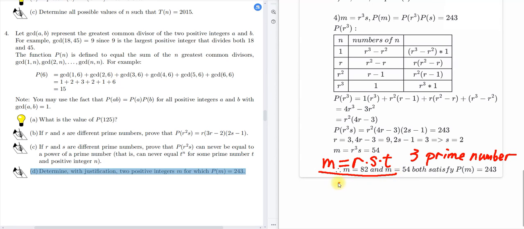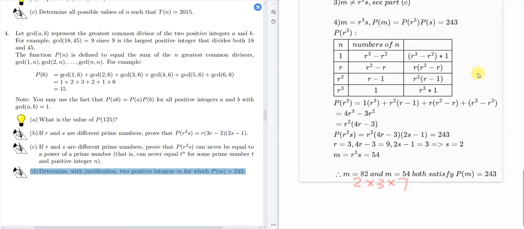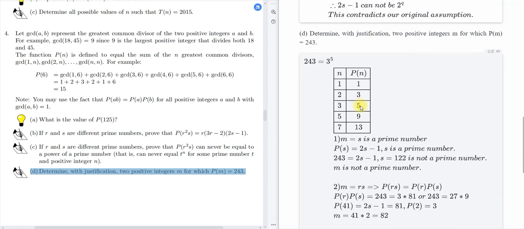Let's see, if m equals rst, pm equals pr, ps, pt. So let's try the smallest three primes, and we see the table. Yes, there are 5. It's impossible because we need 3, the powers of 3, and there are 13. It's surely greater than 200.